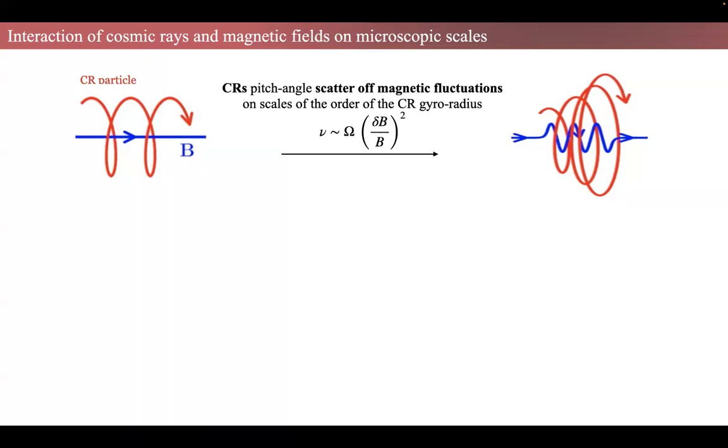The pitch angle is the angle between the cosmic ray velocity direction and the mean magnetic field direction. And this angle changes as cosmic rays interact with the Alfvén waves. And the rate of cosmic ray scattering is proportional to the fractional magnetic field variation.